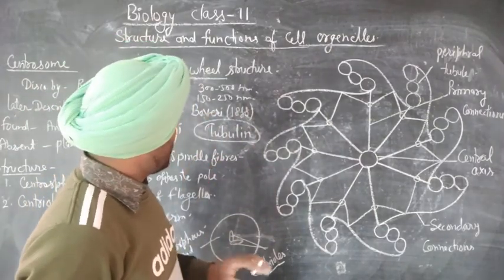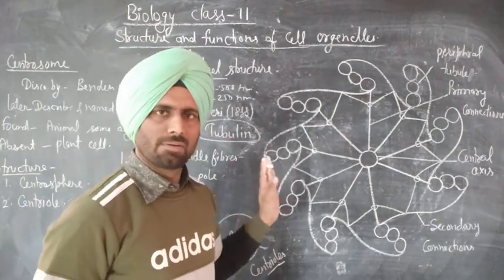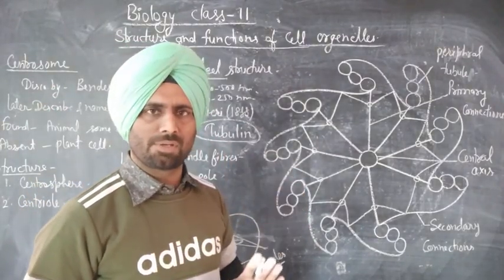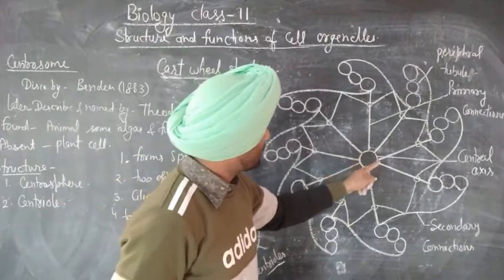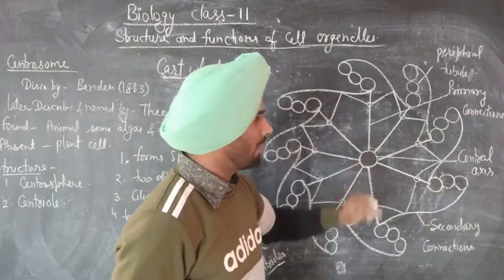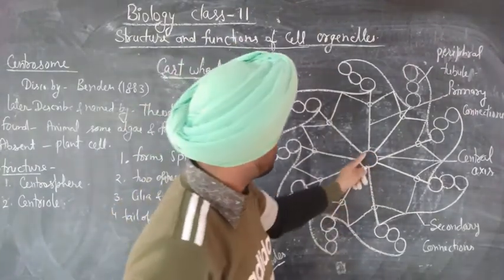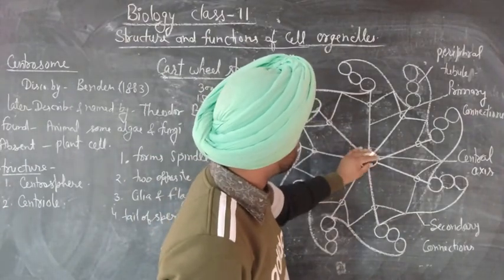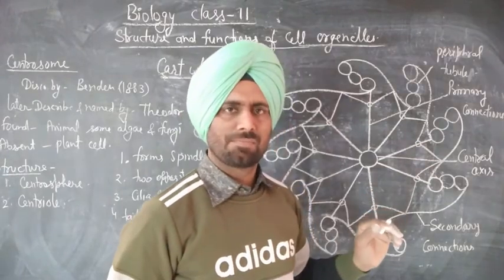Each centriole is made up of tubulin protein. In the structure of centriole, a central axis is surrounded by 9 peripheral tubules.